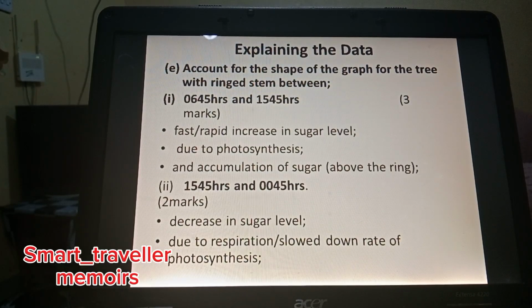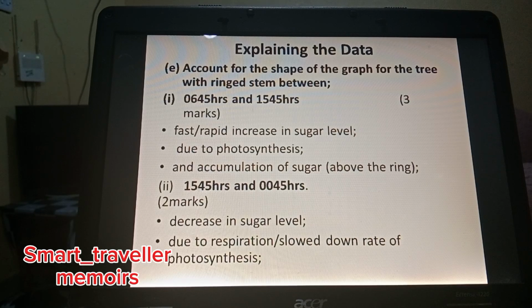Account for the shape of the graph for the tree with the ringed stem between 0645 and 1545 hours. Here, there is a fast or rapid increase in sugar level due to photosynthesis and accumulation of sugar above the ring.